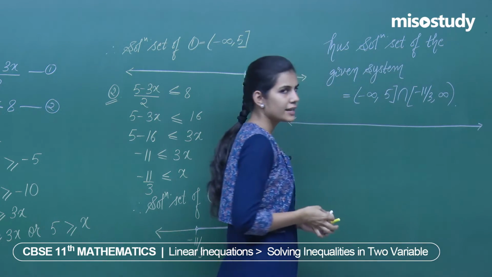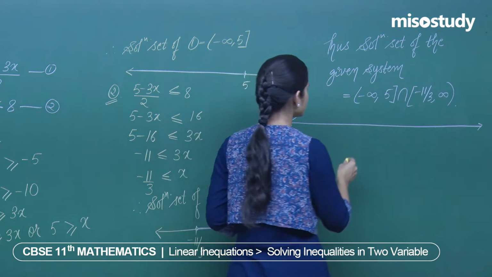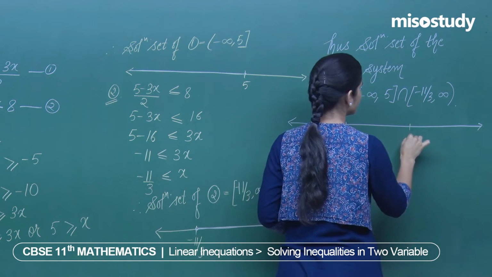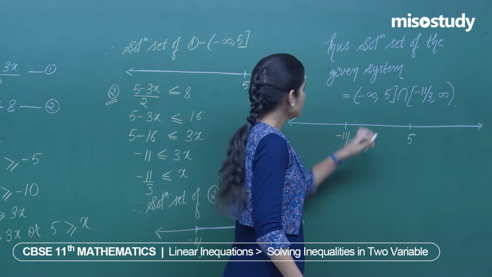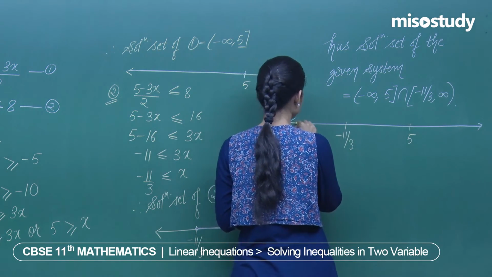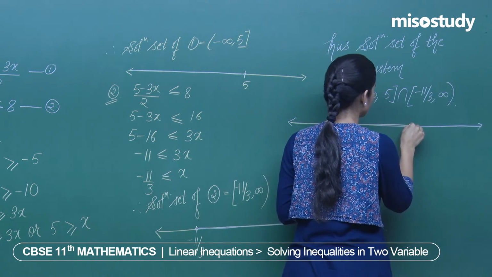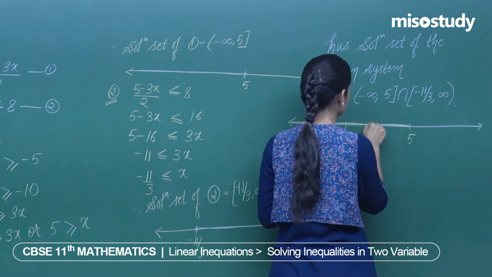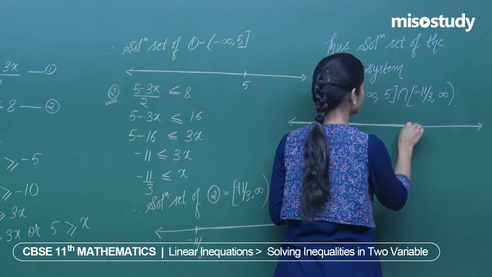In one particular real line only, we are going to plot both the solution sets. Here you have minus 11 by 3 and somewhere here you have say 5. So one says minus infinity to 5, 5 included. So you basically have this complete thing, 5 is included.